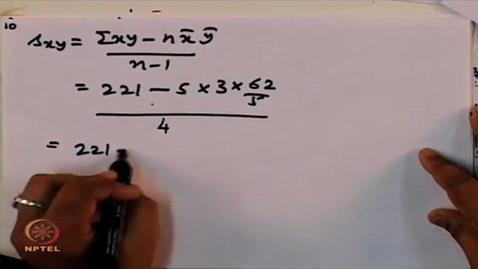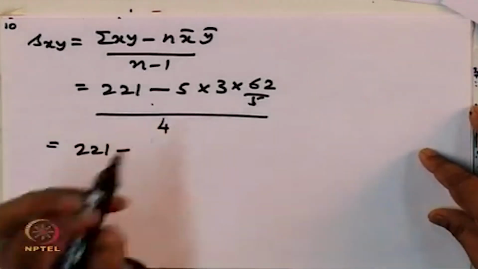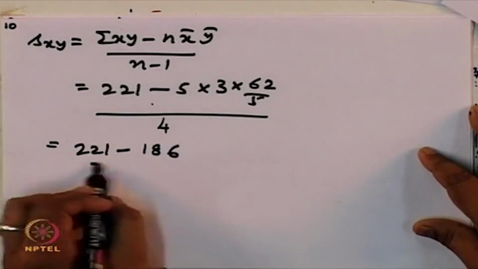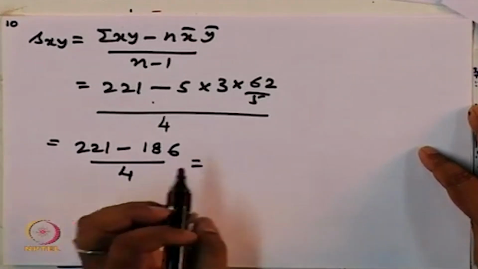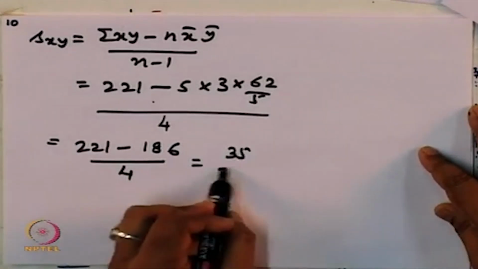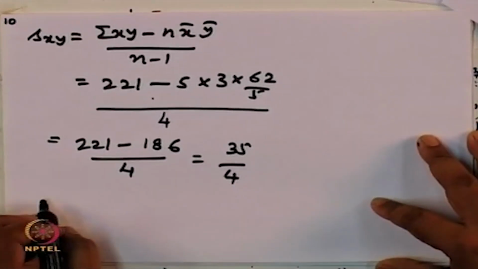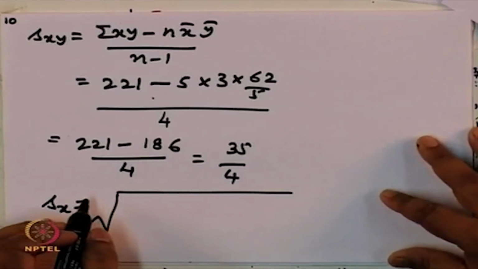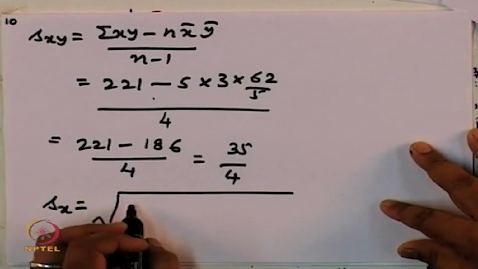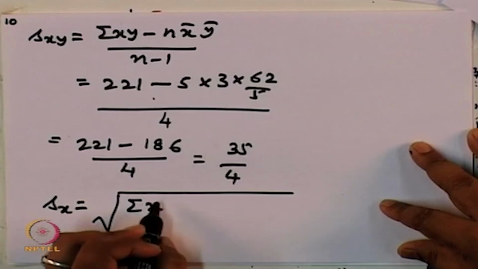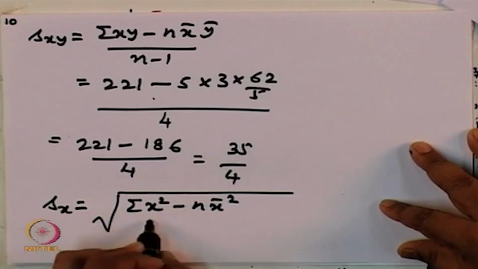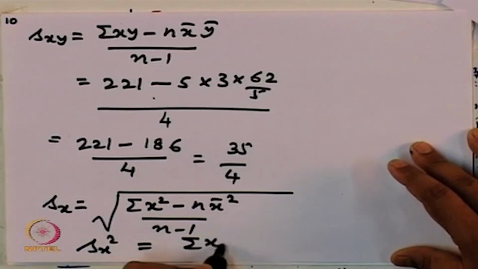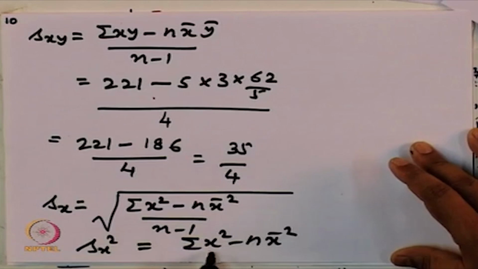That is 221 minus 62 into 3, 186, by 4, which is 35 by 4. And s x square will be summation x square minus n x bar square by n minus 1.